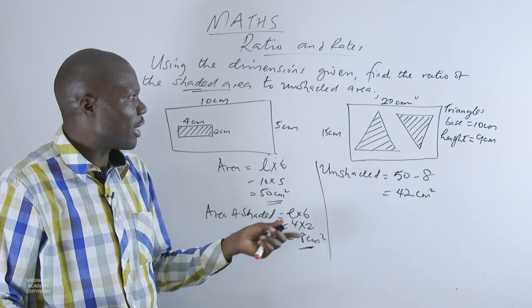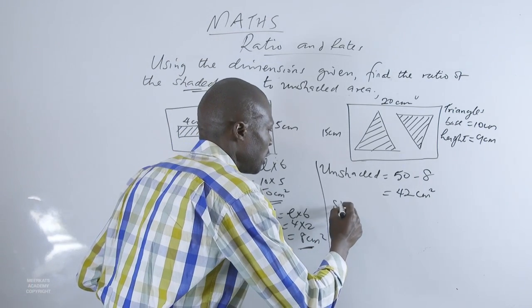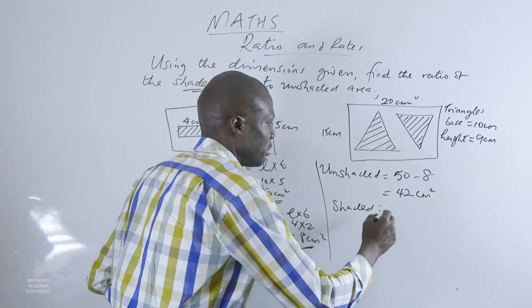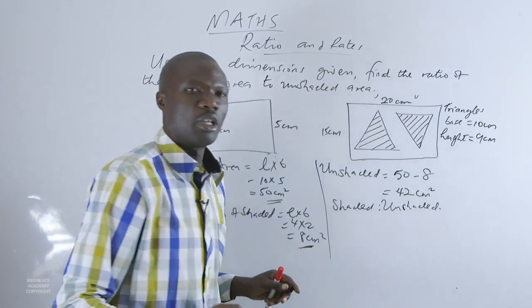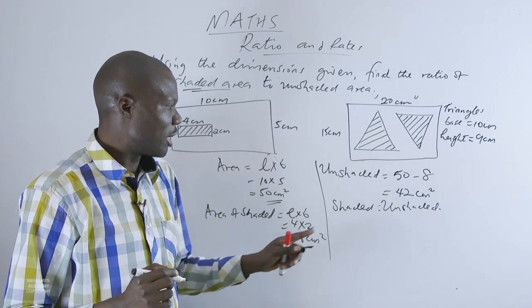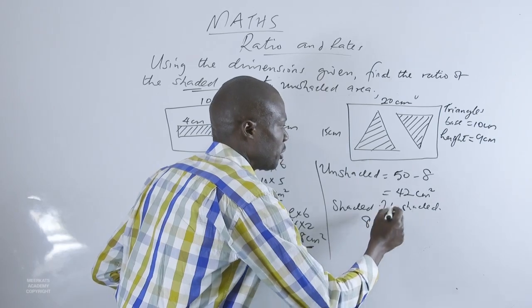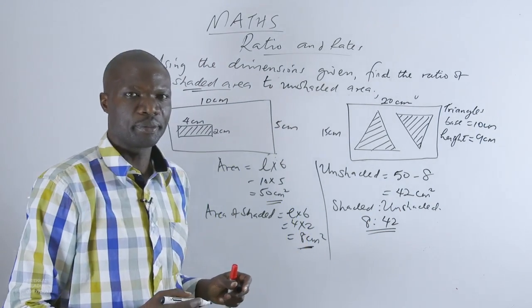So we can now go ahead and answer the question. The ratio of shaded to unshaded. This one will be 8 to 42. You see?